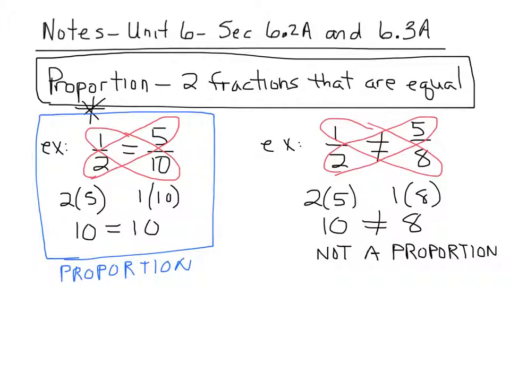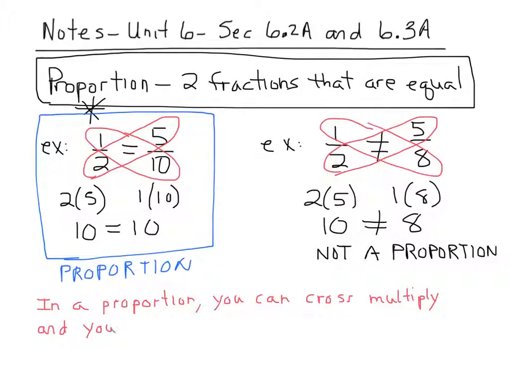All right, so let's write that down. In a proportion, you can cross multiply and you will get the same answer, no matter which way you go.